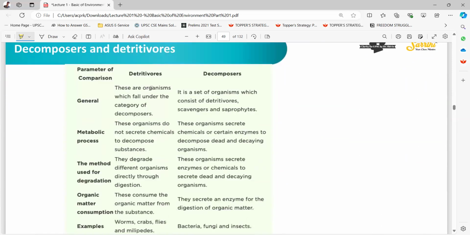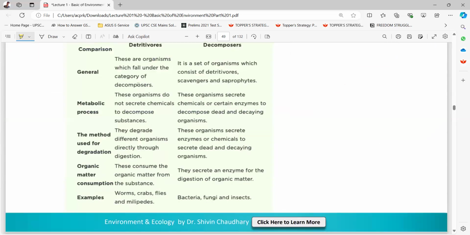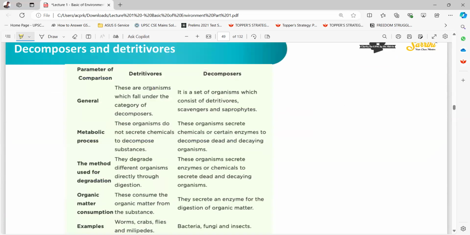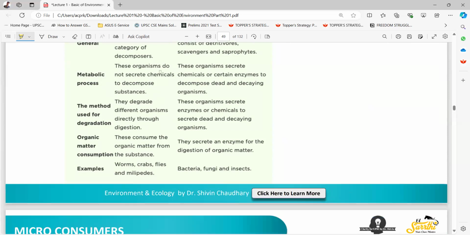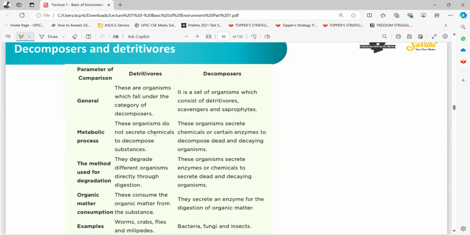Decomposers and detritivores. Okay, parameter of comparison, detritivores and decomposers. General: detritivores are organisms which fall under the category of decomposers. Decomposers are a set of organisms which consist of detritivores, scavengers, and saprophytes. Metabolic process: detritivores do not secrete chemicals to decompose substances.